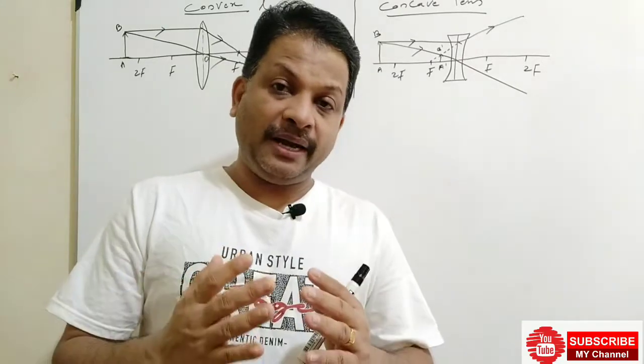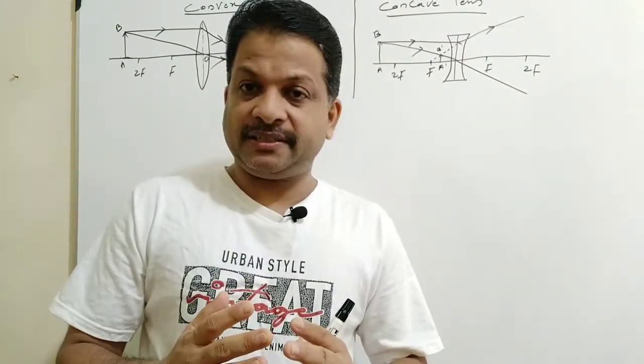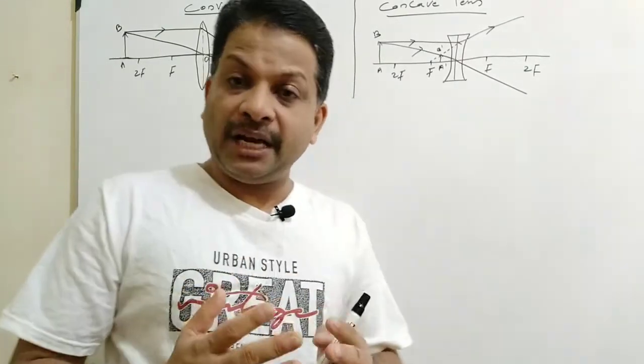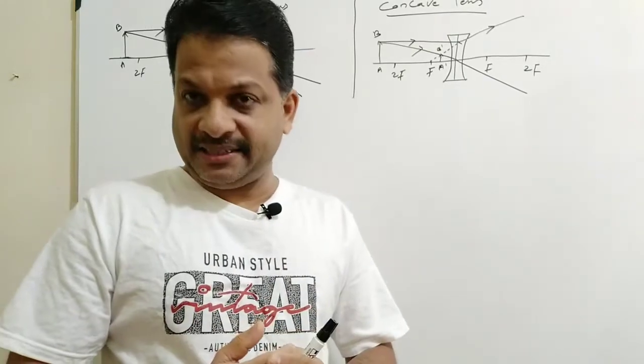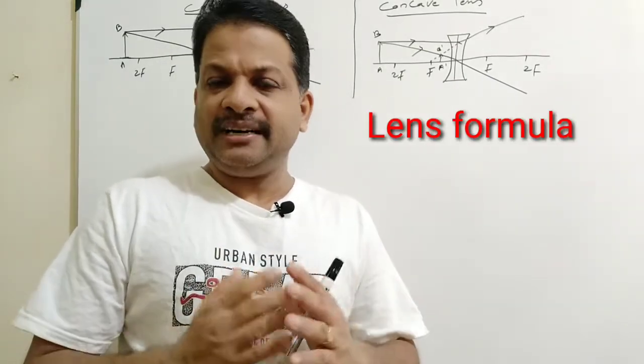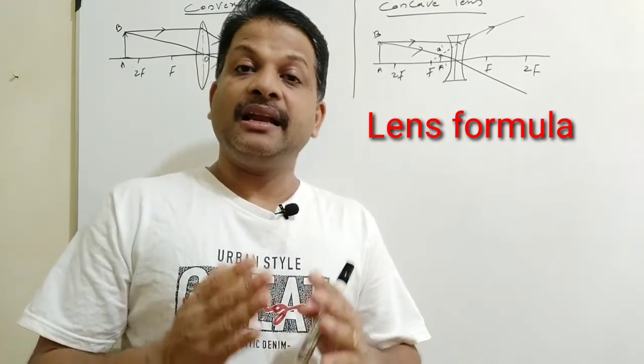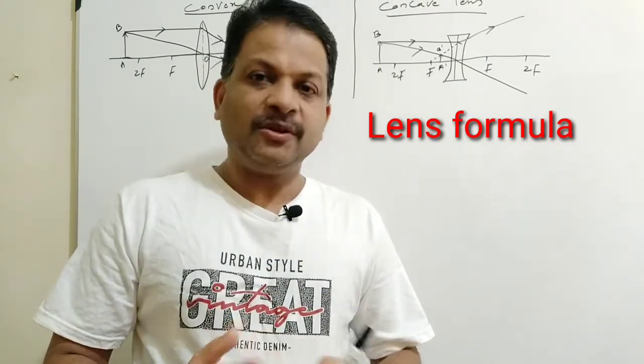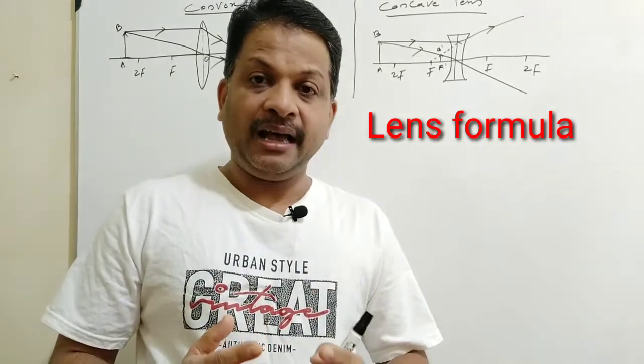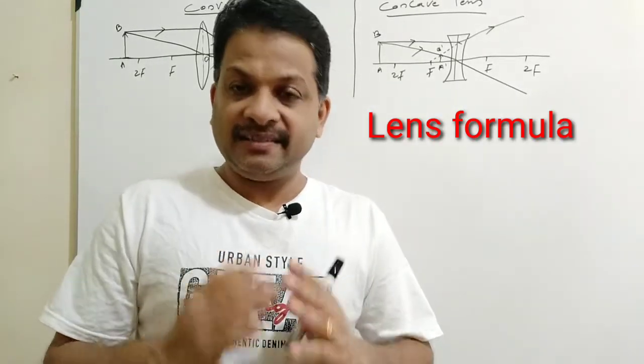How can we calculate the object distance, or the focal length of a given lens? This is done using a simple mathematical formula known as the lens formula. So let's study the lens formula and its applications in this session.